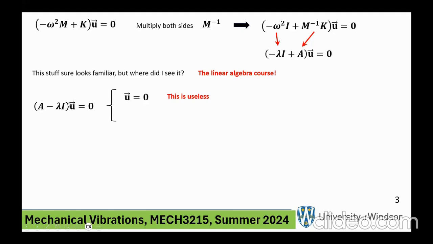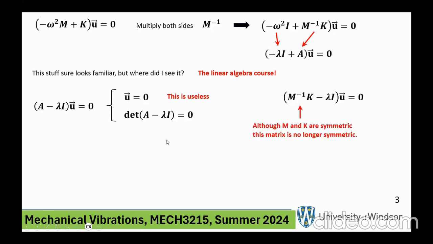Either u arrow is 0, which is kind of useless, because after all, this u represents the deflection of the different masses, or the determinant of this must be 0. So in fact, this condition is what allowed you to find the eigenvalues of this matrix A.